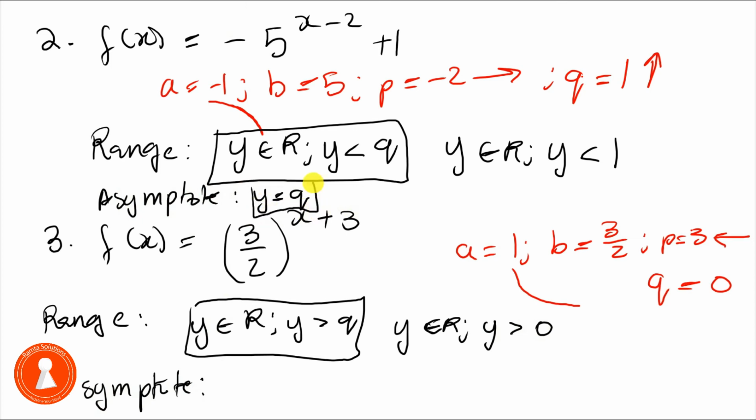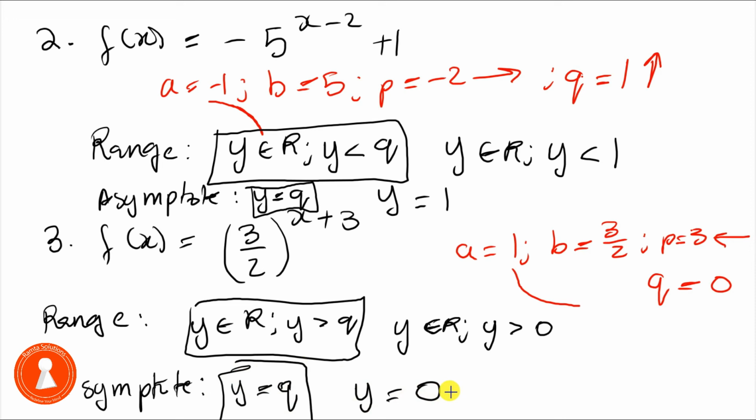So this means y equals 1. This is our asymptote. Here, again, I'm going to say y equals q, just so I remind you. Therefore, this means y equals 0. Happy? Awesome.